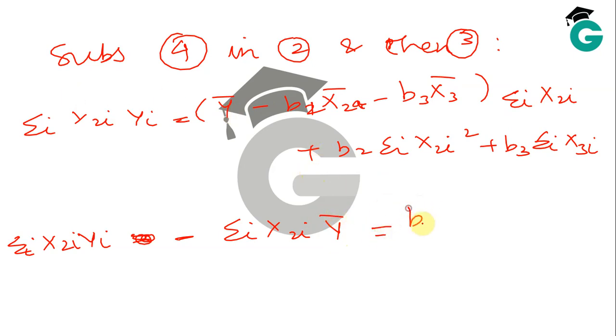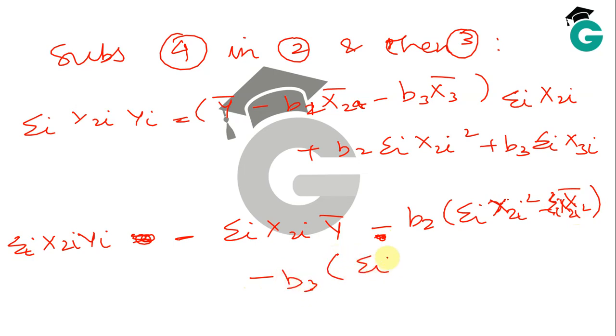Equals b2 summation i x2i squared minus x2 bar summation i x2i, basically, minus b3 summation i x3i x2i minus summation i x2i x3 bar.